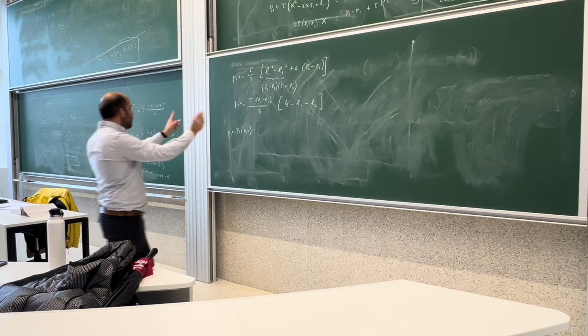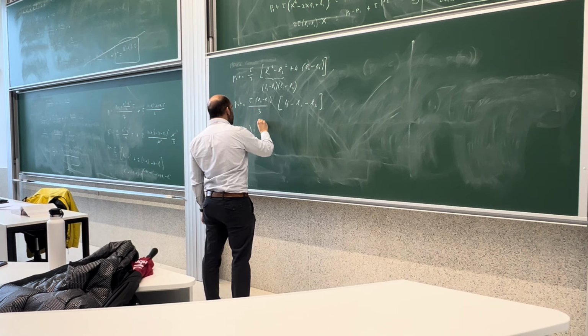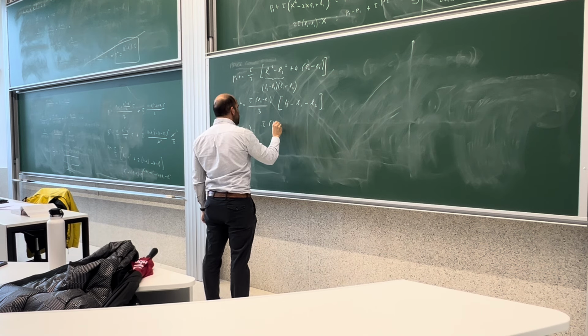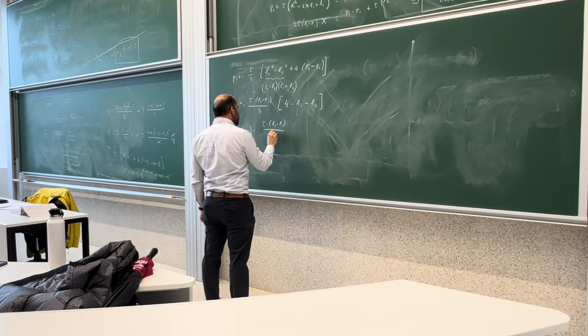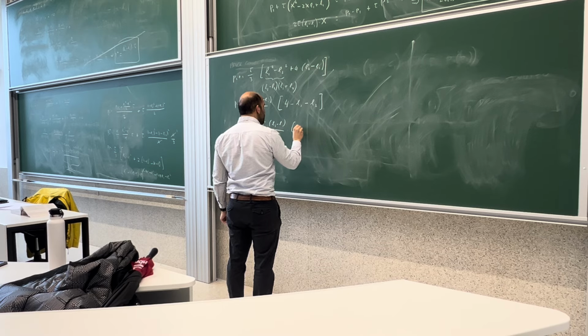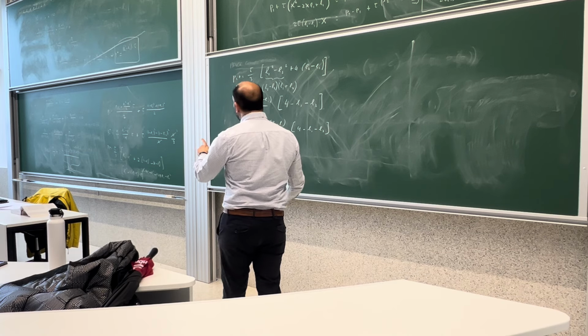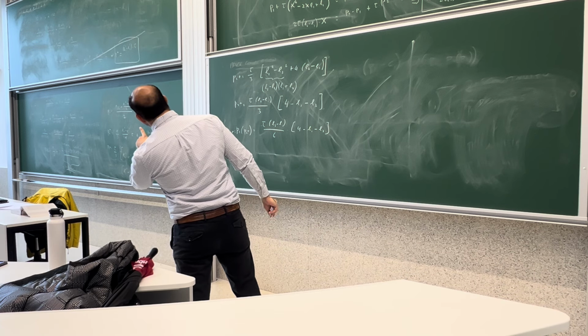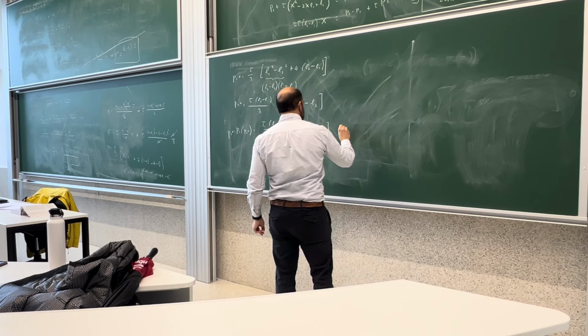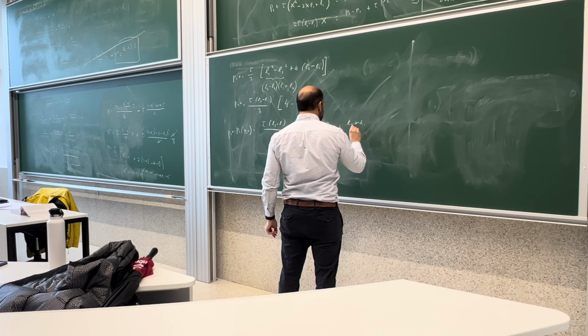So it's going to be this over 2: tau times L2 minus L1 over 6 times 4 minus L1 minus L2, plus L2 plus L1 over 2.